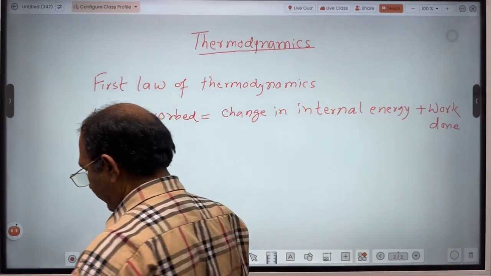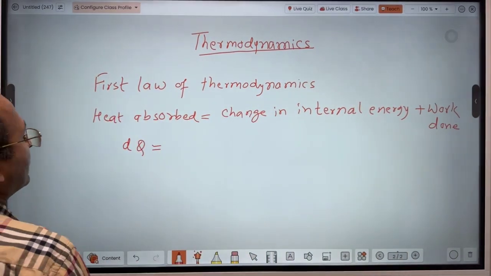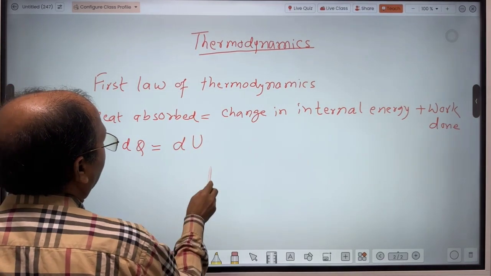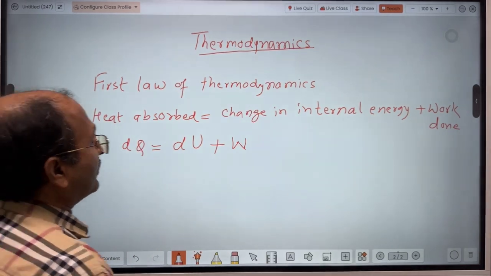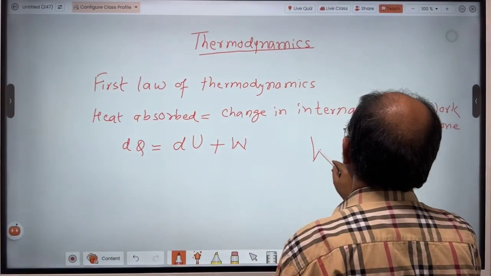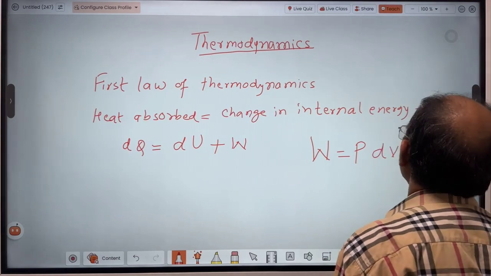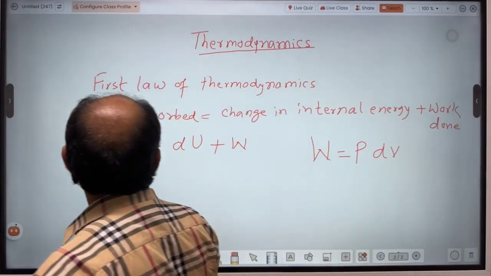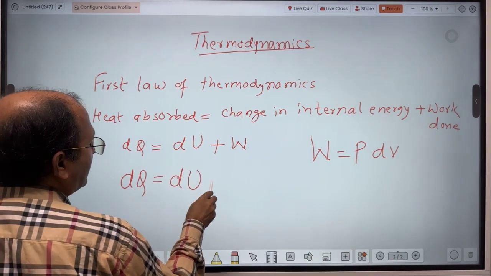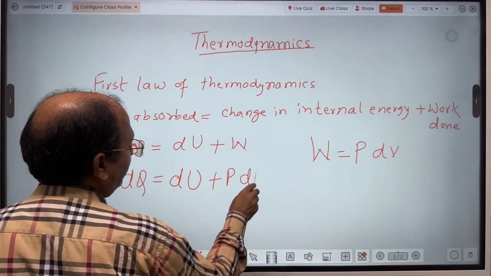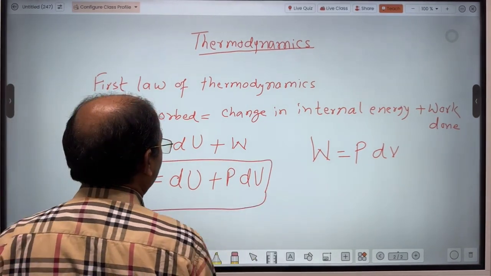So now if we denote heat absorbed as dq and change in internal energy as du and work is w, but w is equal to pdv, pressure into change in volume. So we can say dq equal to du plus pdv. So this is first law of thermodynamics, right?